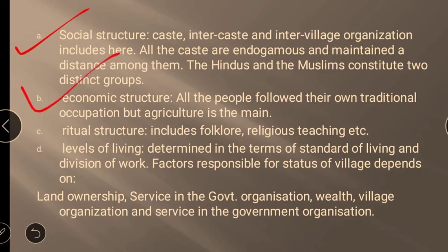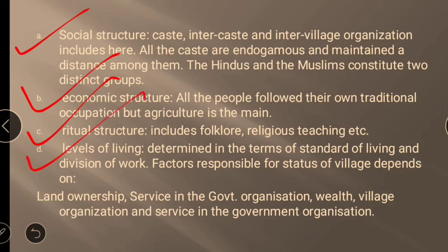Next one is economic structure, where we say that different groups of people used to follow their own traditional occupation, whereas agriculture is the main occupation. Next comes ritual structure. It is actually the folklore, or you can say religious thinking, which constitutes the ritual structure.